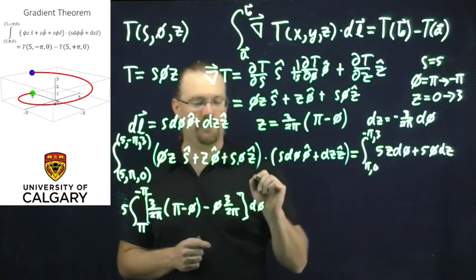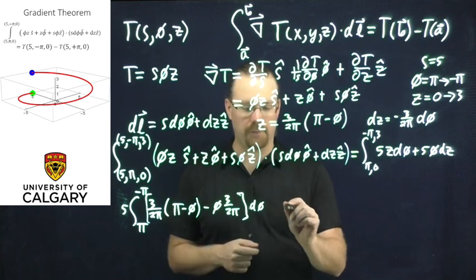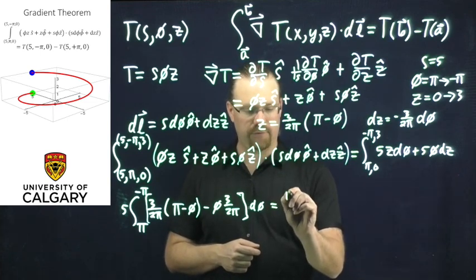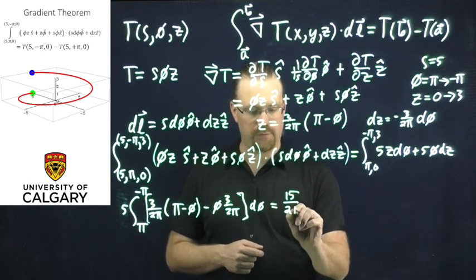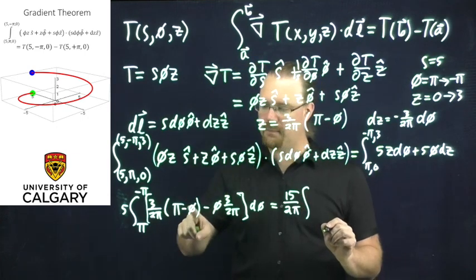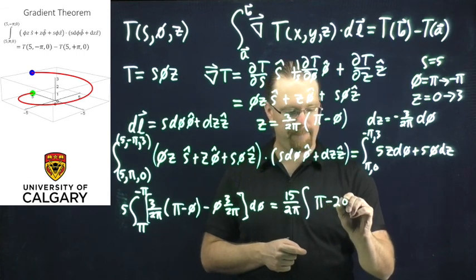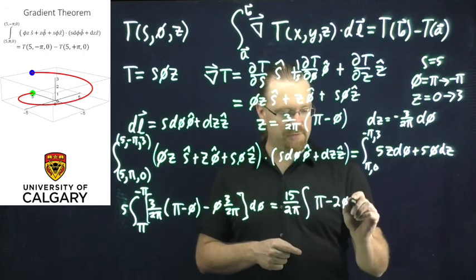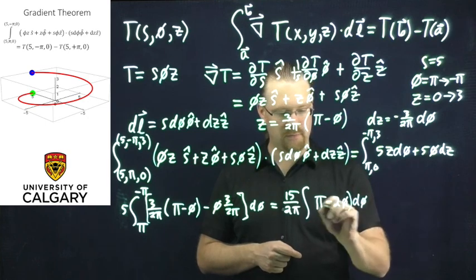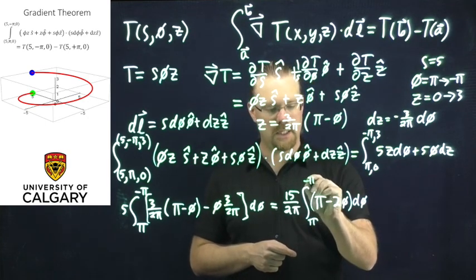Then this whole thing will wind up being d phi. We can pull our common factor of 3 over 2 pi out, giving us 15 over 2 pi times the integral of pi minus 2 phi d phi, of course, and we're integrating from pi to negative pi.